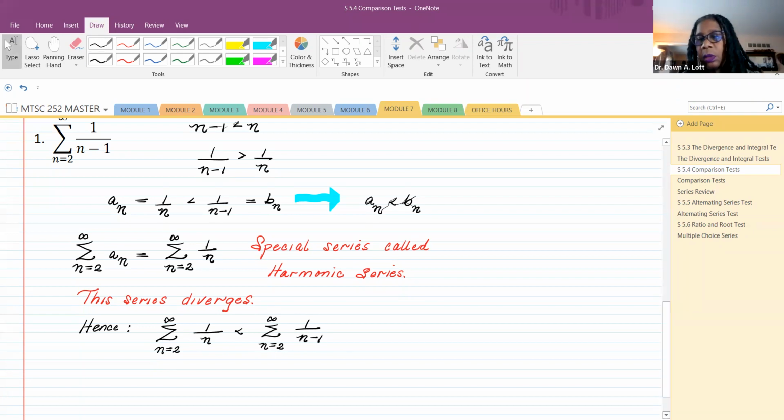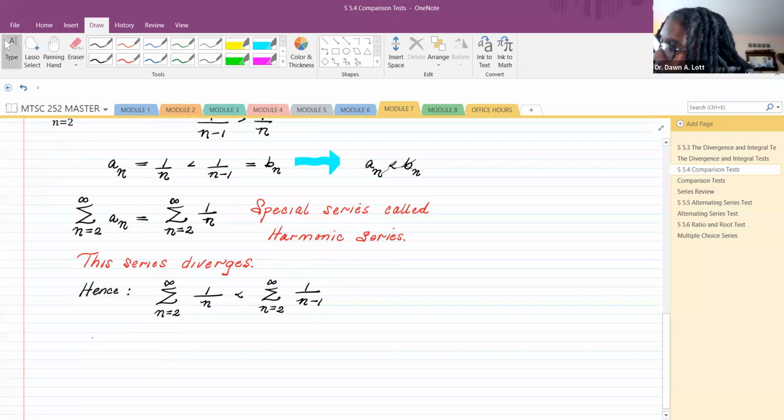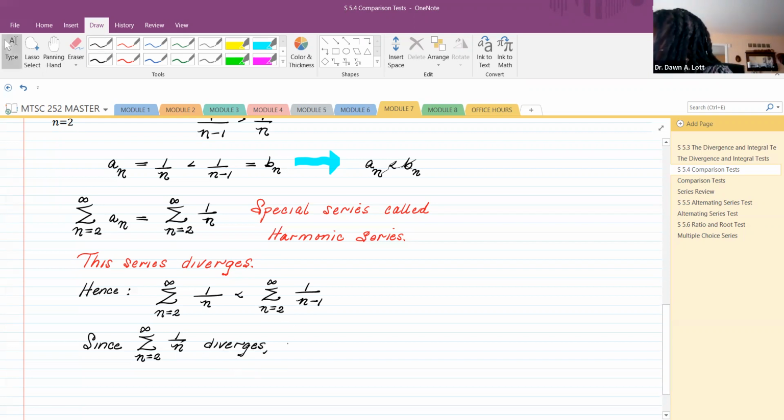Okay, so since the summation n equals 2 to infinity of 1 over n diverges, and the other series is larger than it, by the direct comparison test, the summation n equals 2 to infinity of 1 over n minus 1 also diverges.